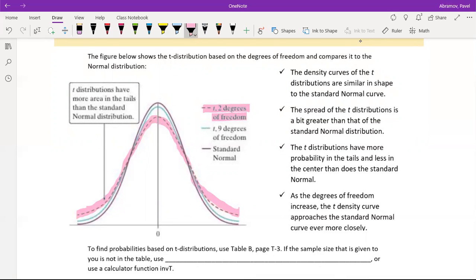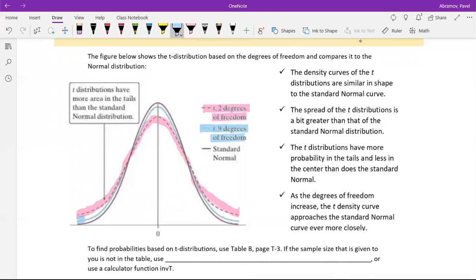So it basically means that our sample size is very small. Degrees of freedom of 2 means our sample is only 3 subjects. That's very small. Then if we get the degrees of freedom 9, so that's the situation.